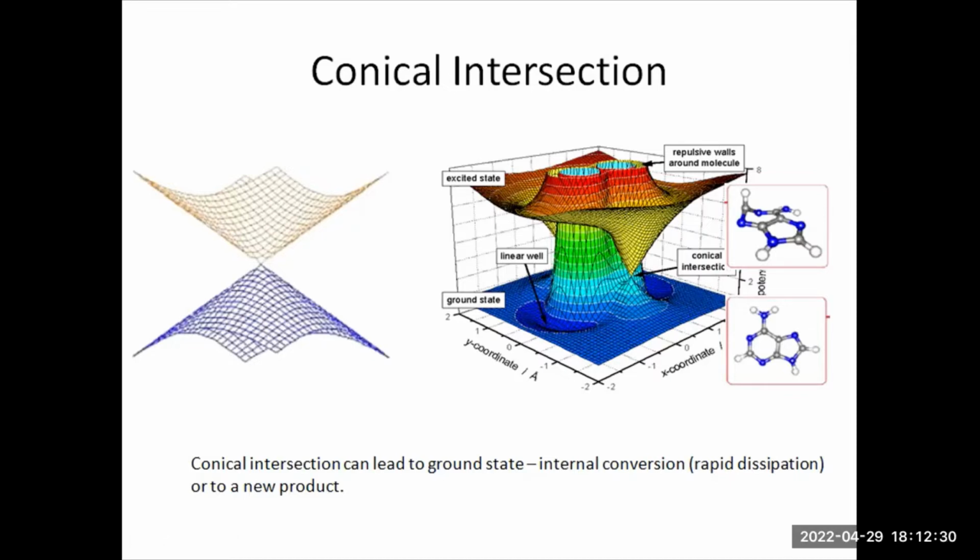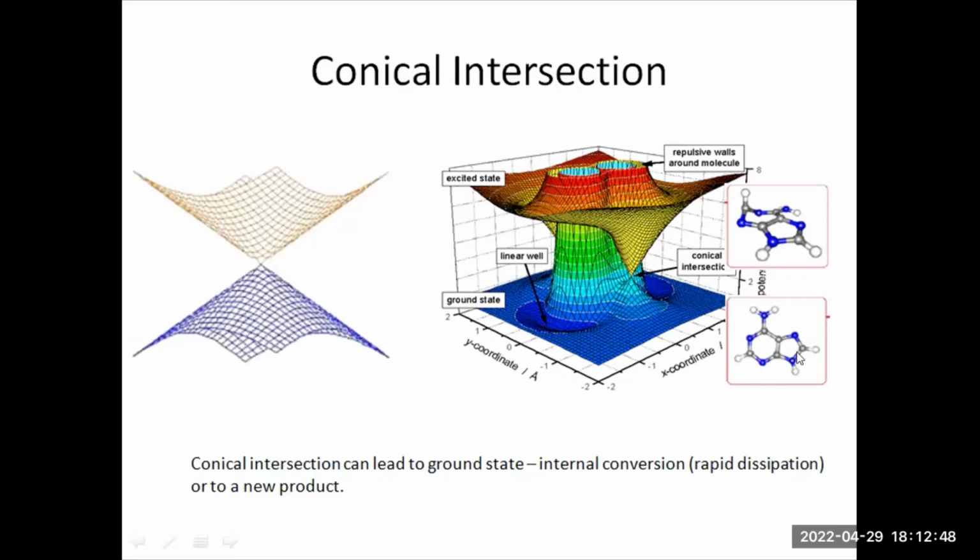But now, it turns out that for some of these molecules, what happens is that when it's in its excited state, the minimum can actually be a different geometric configuration than when it's in its electronic ground state.